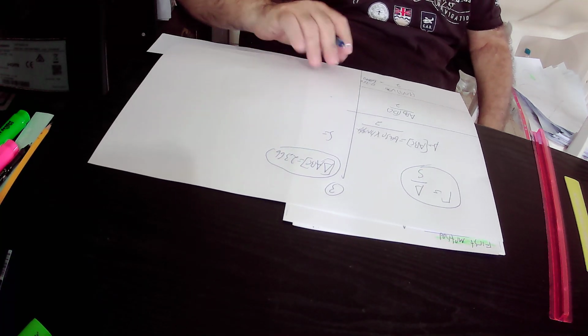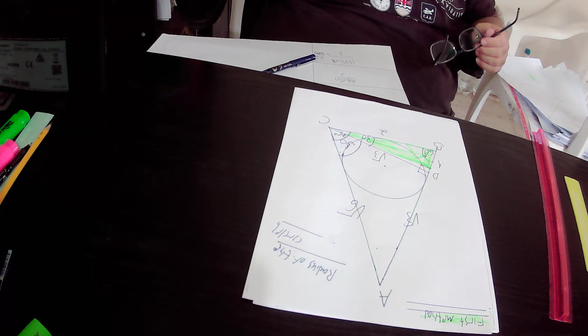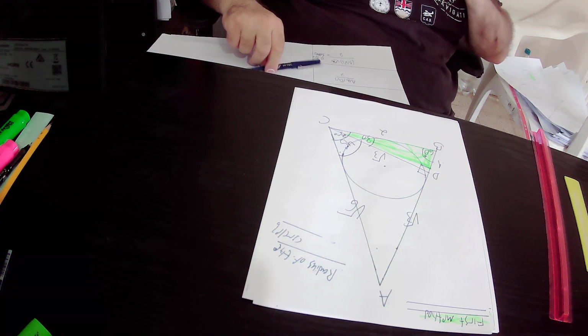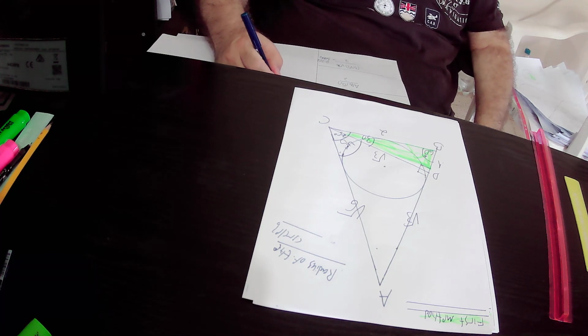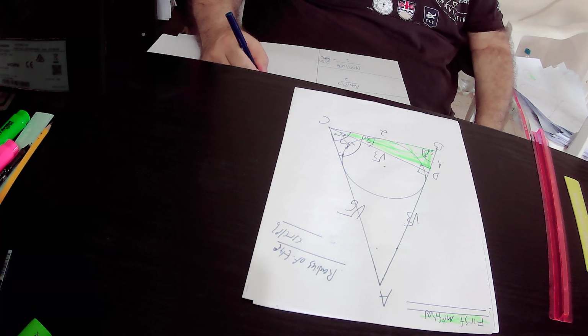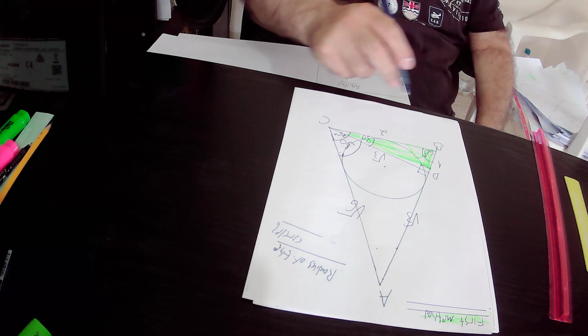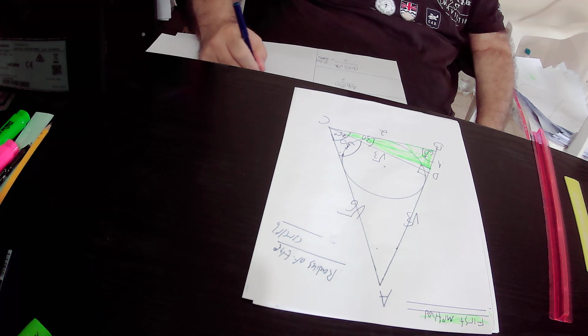The semi-perimeter of triangle ABC equals the perimeter over 2. And the perimeter of triangle ABC is equal to AB plus AC plus BC.